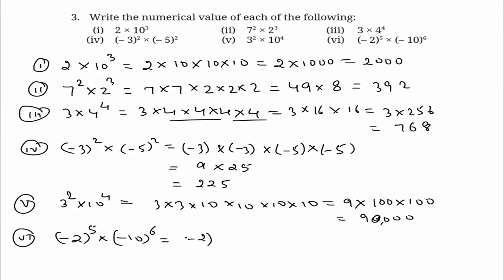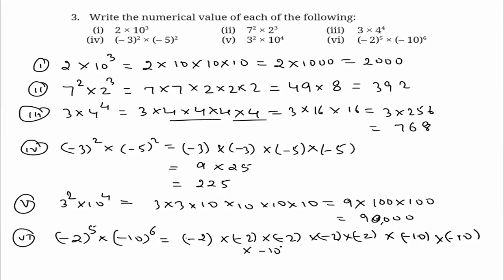So minus 2 into minus 2 into minus 2 into minus 2 into minus 2, 5 times. And then minus 10 you have to multiply 6 times. So 1, 2, 3, 4 times, 5 times and 6 times.